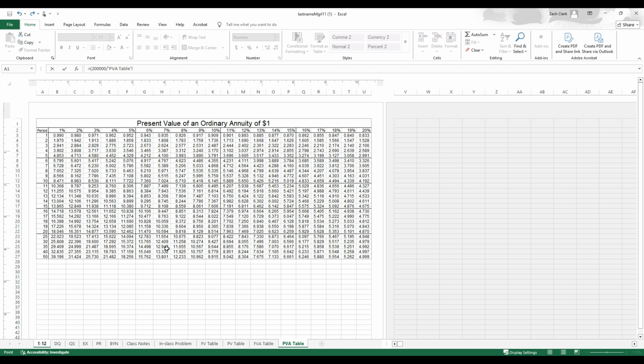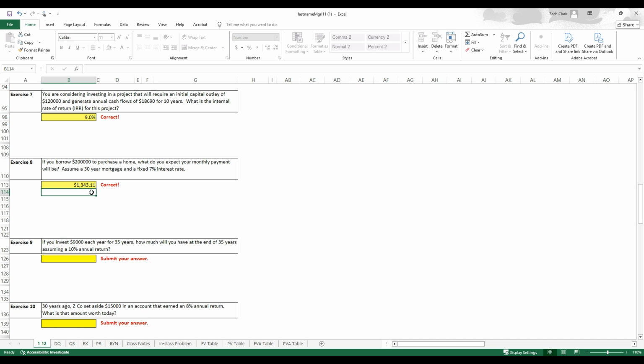And it was 30 years at 7%. Okay, and then that will give us the annual annuity, and then we want to divide by 12 to get the monthly, and that gives us $1,343.11 as an approximate payment over that 30-year period.